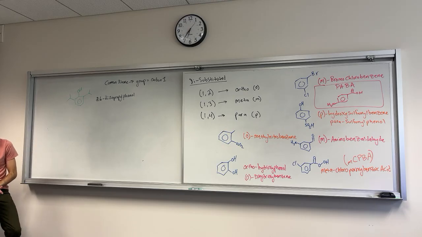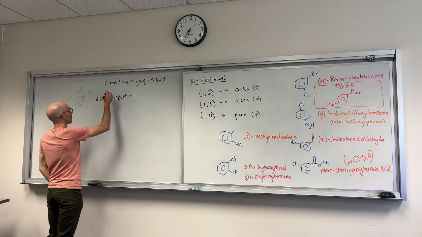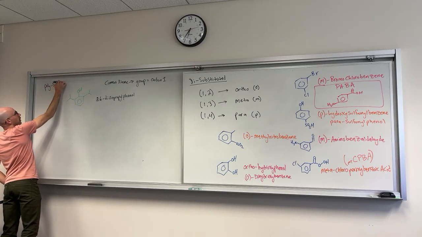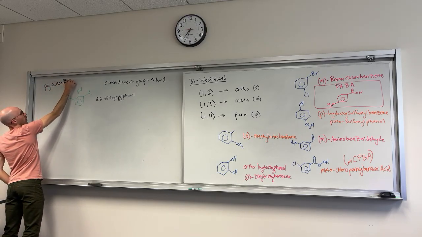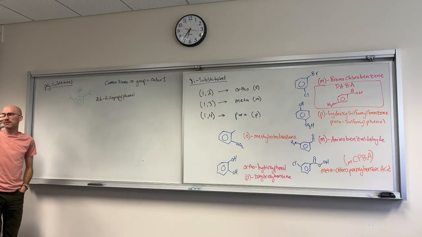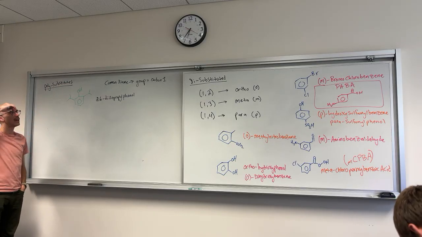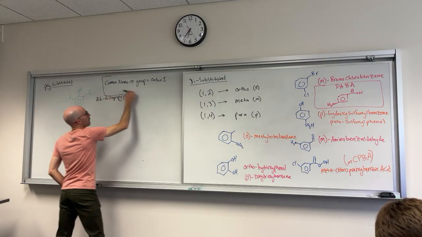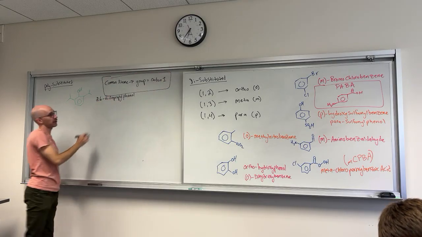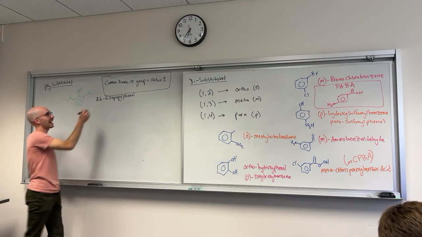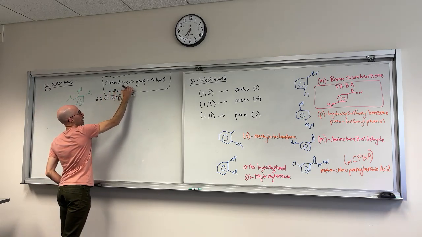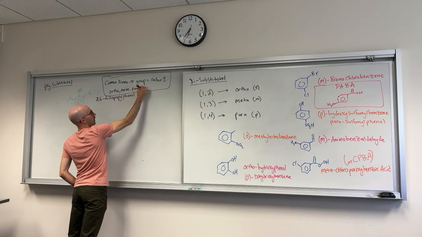We can't. So rule number 2 here: we're not just looking at tri-substituted, we're looking at 3, 4, 5, and 6. Poly-substituted. The common name must mean that that group is at carbon number 1, and ortho, meta, para are not allowed.